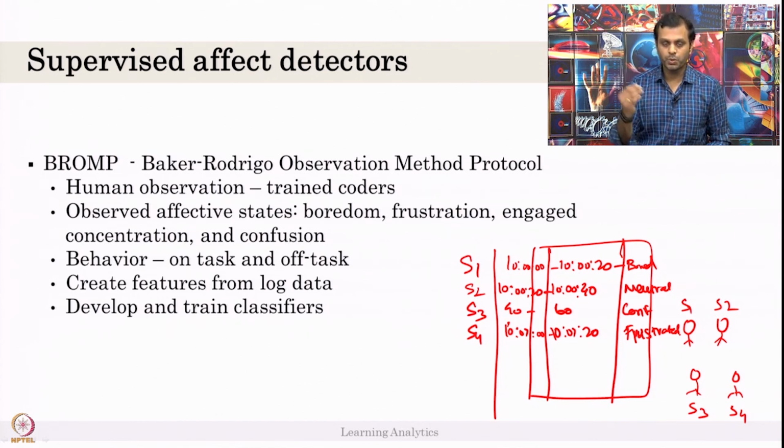But if you want to go to 2 or 3 seconds, such fine-grained emotions, it is not possible for human observers to observe those every time, unless you record the students' actions in a video and then code second by second. The problem is that coding a 1 hour video might take more than 2 or 3 days.